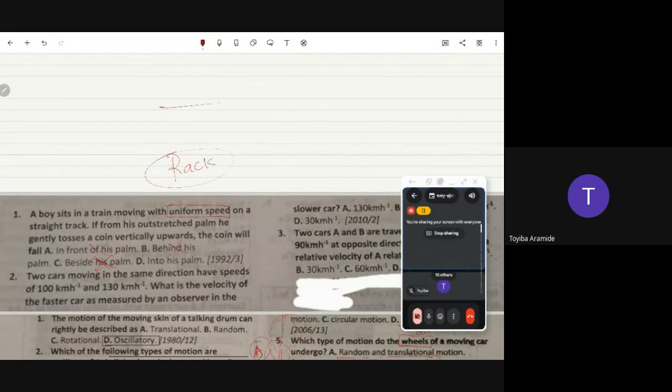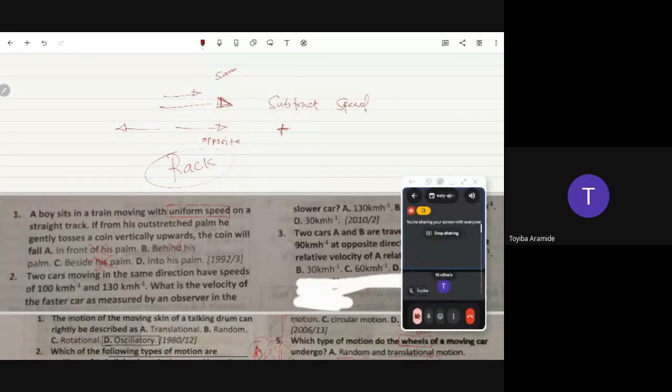When they are moving in the same direction, we subtract their speed. When they are moving in opposite direction, you add. Same direction, subtract; opposite direction, add. Is that clear? That's what you are going to use to answer question 2 and I think question 3.